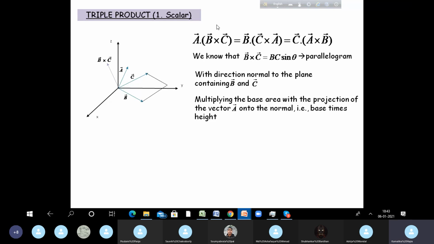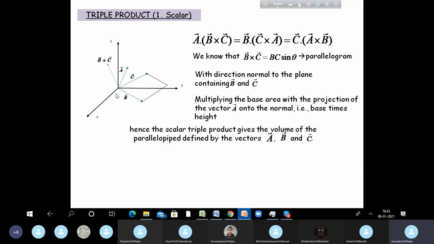So basically this is nothing but base times height, where the base is not a single line, the base is the area. So it gives you the volume of the rectangular parallelepiped.